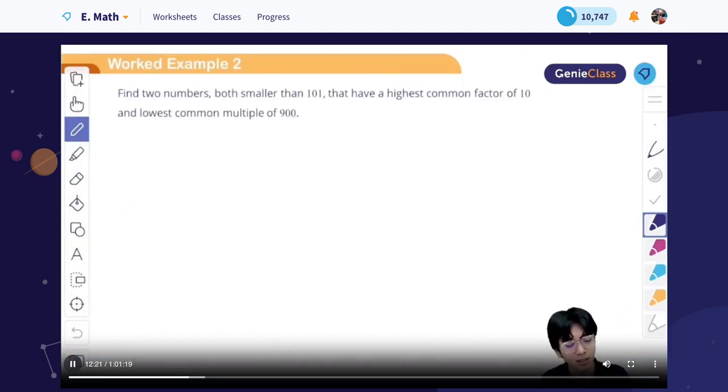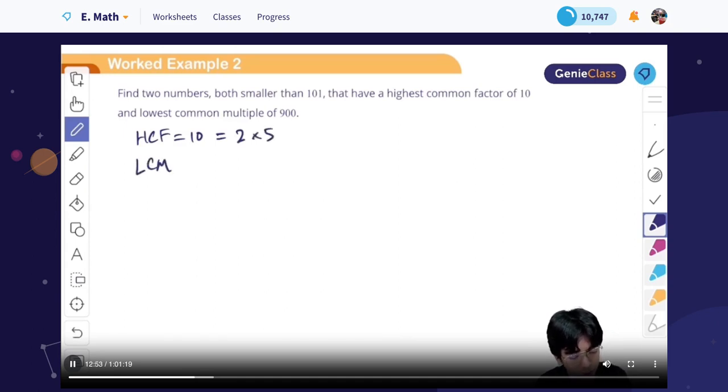Next question. Find two numbers, both smaller than 101, that have a highest common factor of 10 and lowest common multiple of 900. We know that HCF is equal to 10, which we have to convert into prime factorized form: 2 times 5.